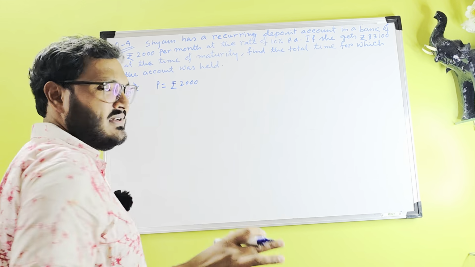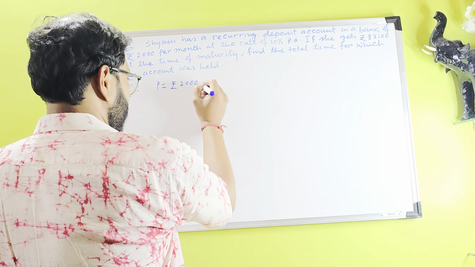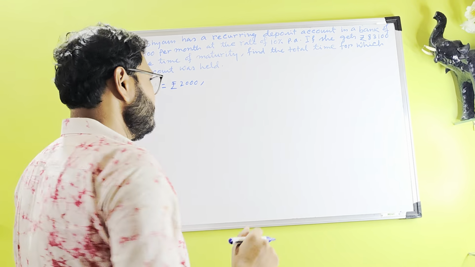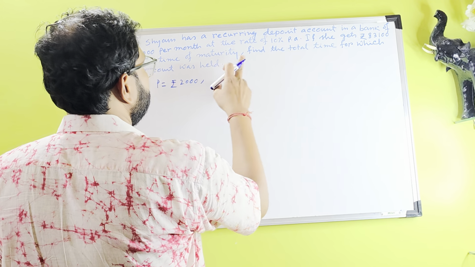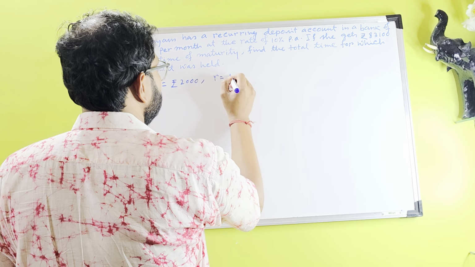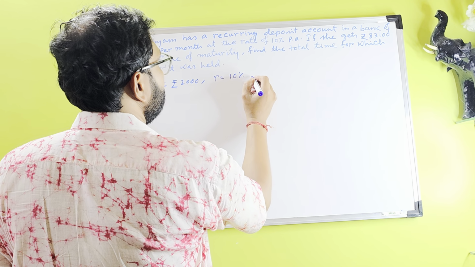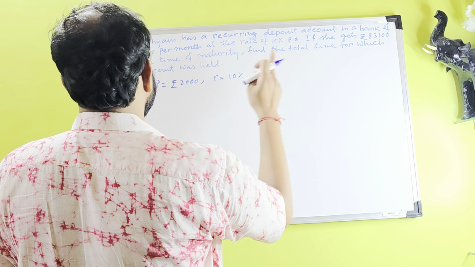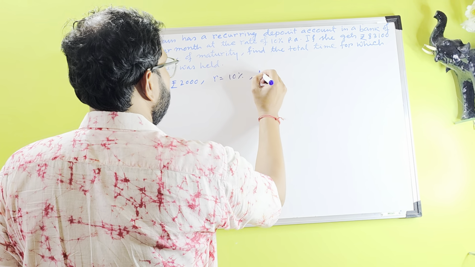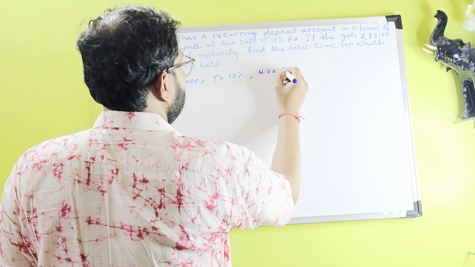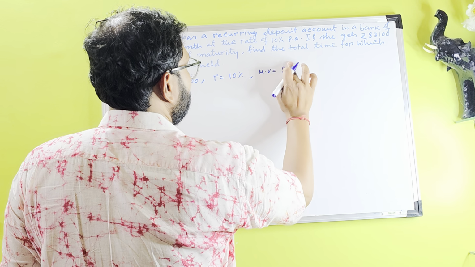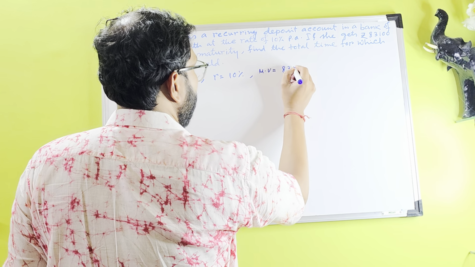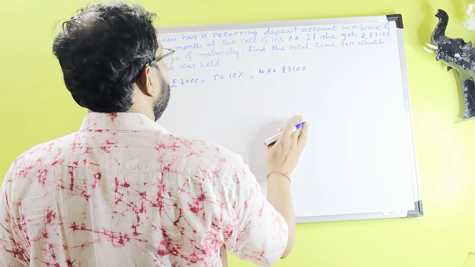This will be a little bit big sum, but an easy sum. P is 2000, then R is 10%. She gets this at the time of maturity, so MV is given, 83100.